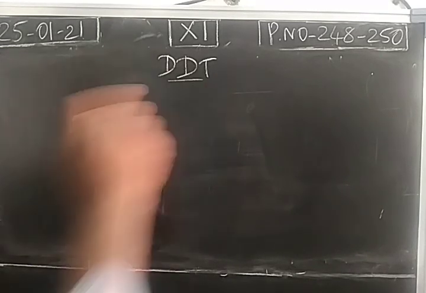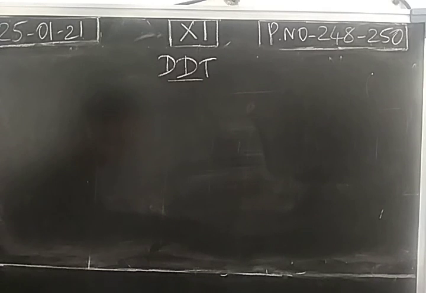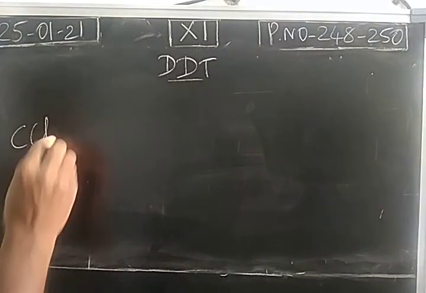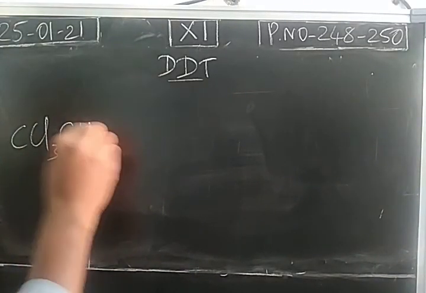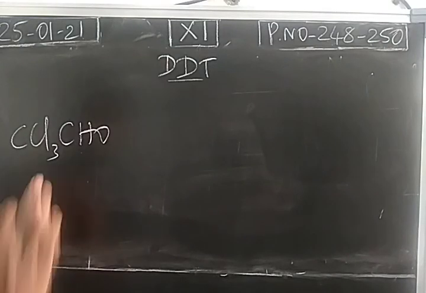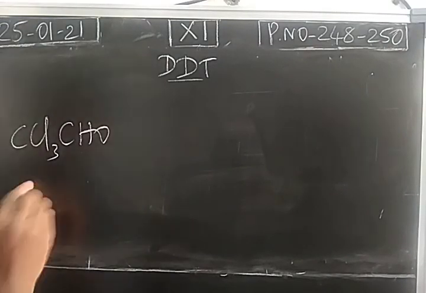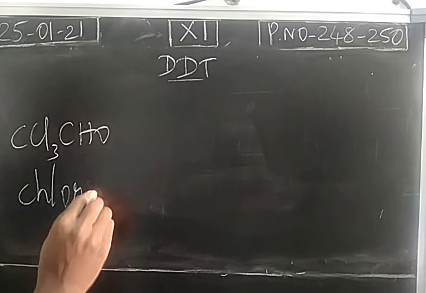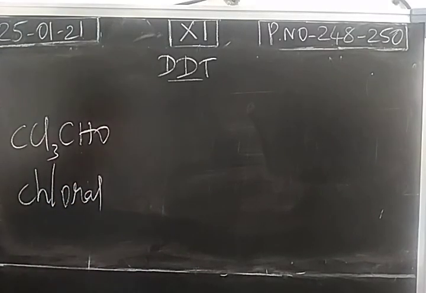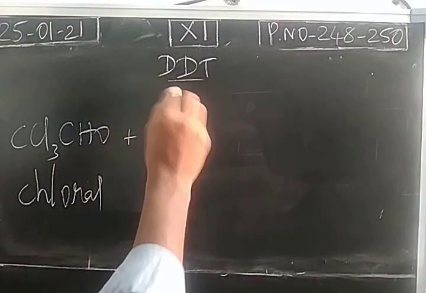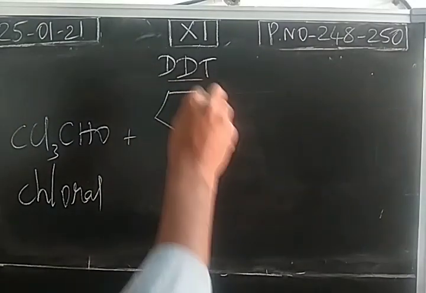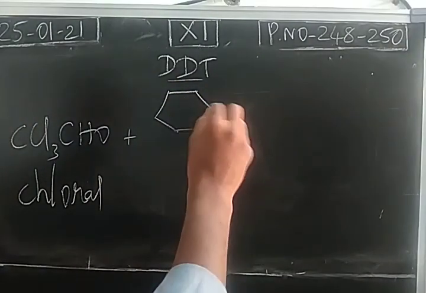Now, how can we prepare this DDT? We need trichloroacetaldehyde, which is also called chloral. The trichloroacetaldehyde is treated with two molecules of chlorobenzene.